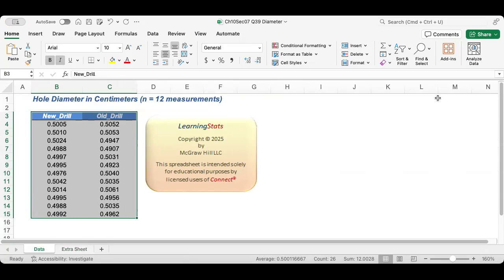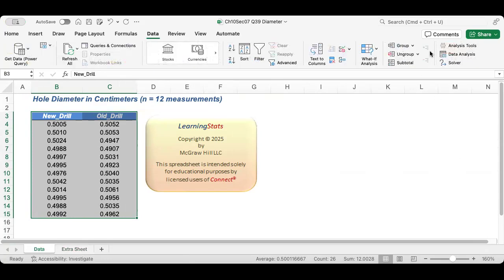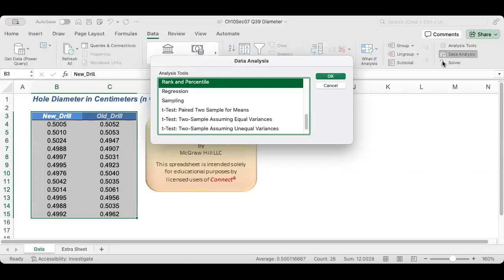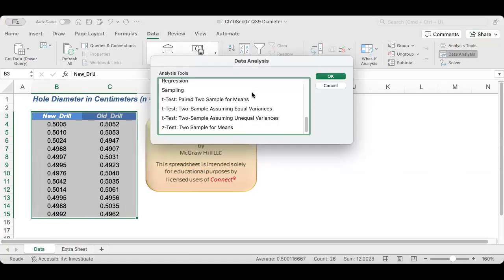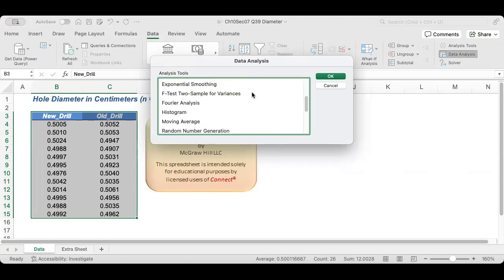I'm going to go to the data tab, go to my data analysis, and I notice there's a test right there, F-test two-sample for variances. That's the test I want to do. Right there.